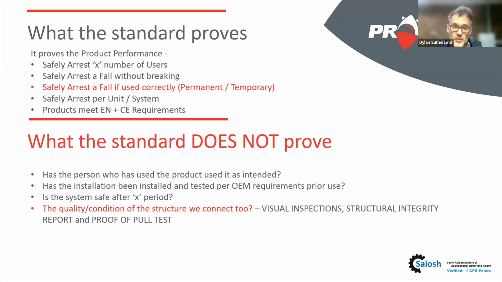So from a perspective of how do we make sure it's safe to connect, there should be a visual inspection. If it's at all concerning, and if you've got the right people doing the installations, they should demand a structural integrity report to make sure that if I put the system up for you and somebody falls, yes, the lifeline might stay in place, but if the structure falls over it, it's not going to help anyone either. That should be part of the consideration.